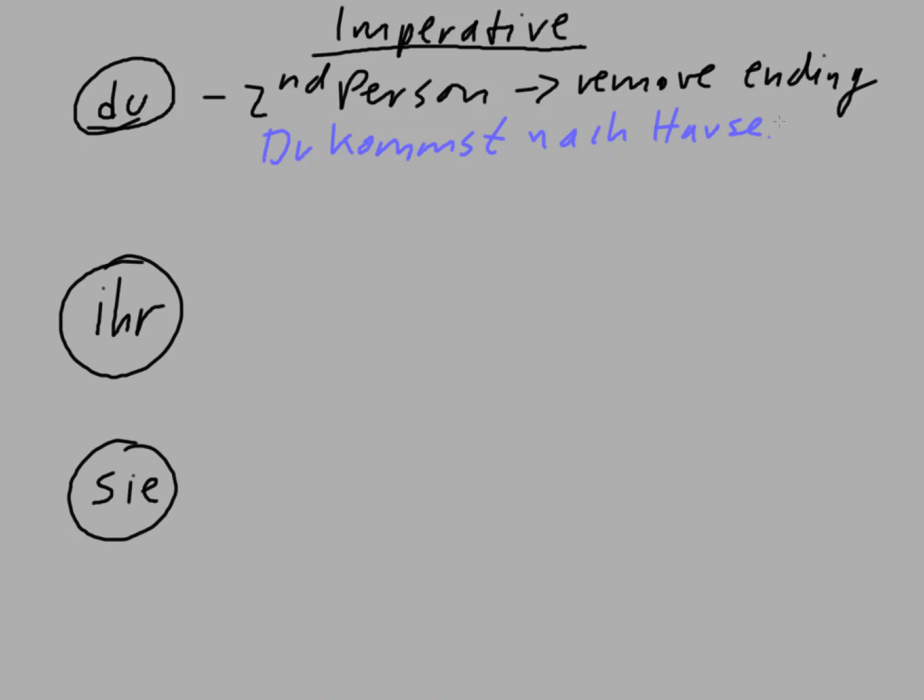So now we want to say come home. We do that by taking the verb. We start with the verb komm and then nach Hause.